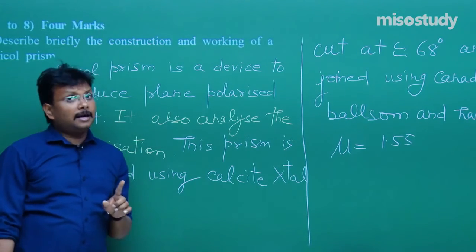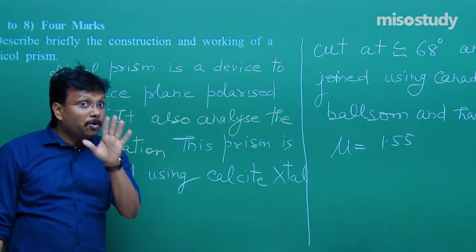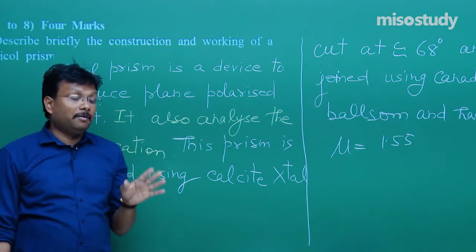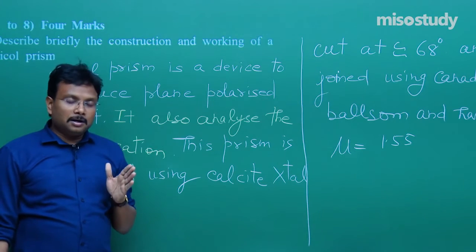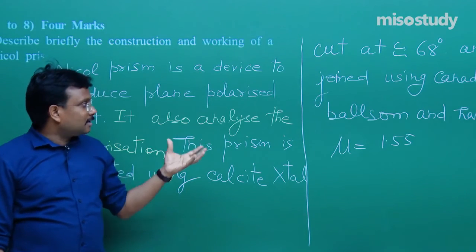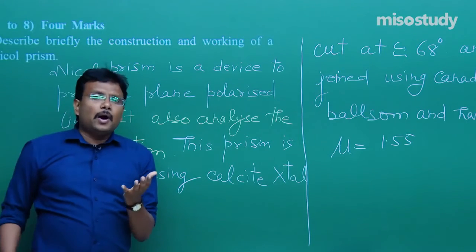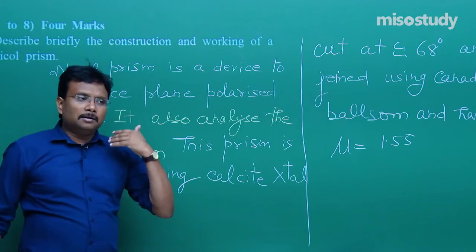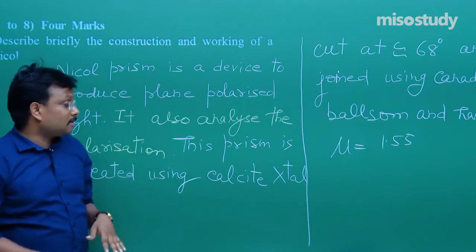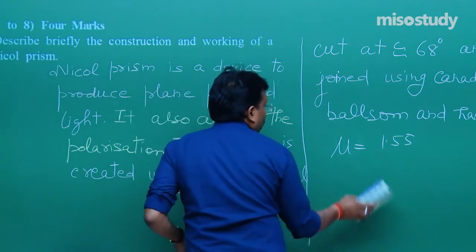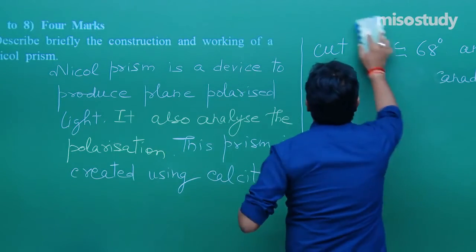With the help of a diagram, I explained that the prism is placed. You have to produce the same diagram which is present in our videos. You have to place this calcite crystal combination that is defined as this prism, and then show the light coming in, that is the reflected ray, refracted ray, and so on, fine. For the complete solution, you have to take a look at our videos.